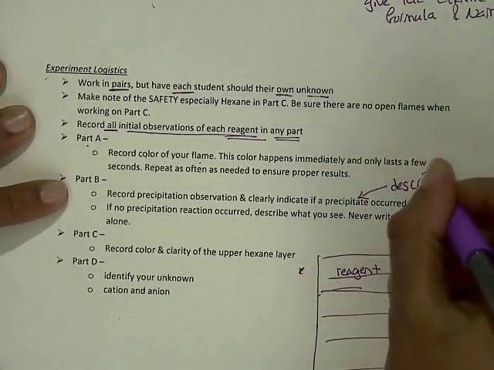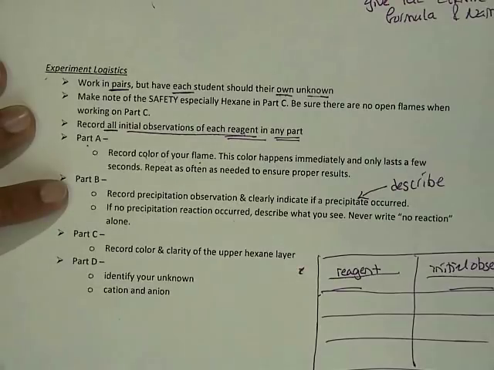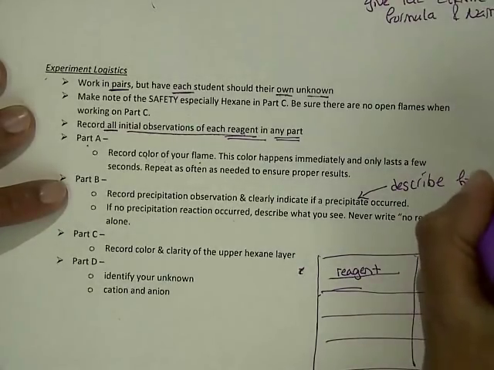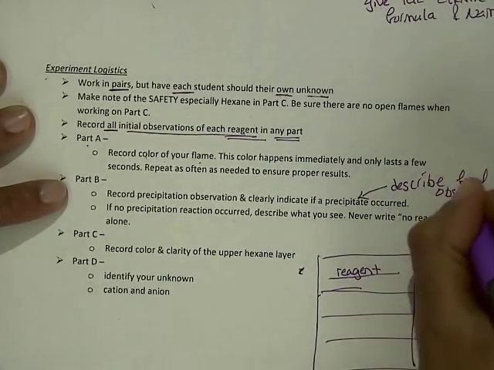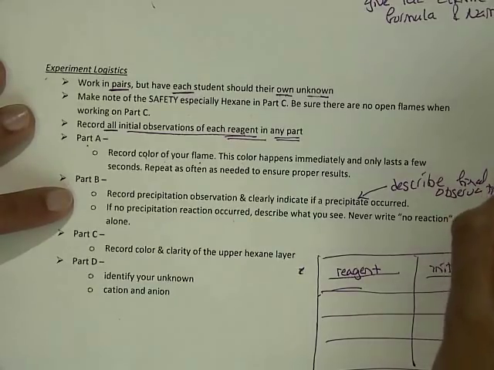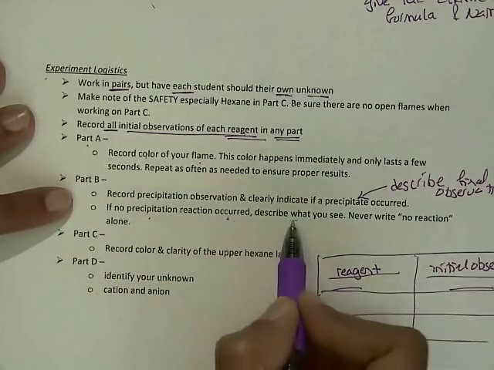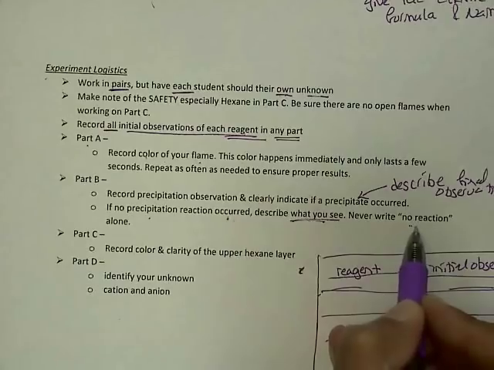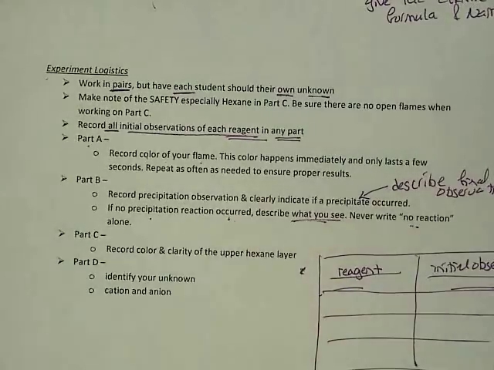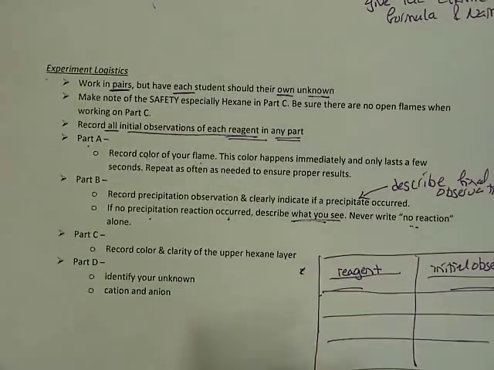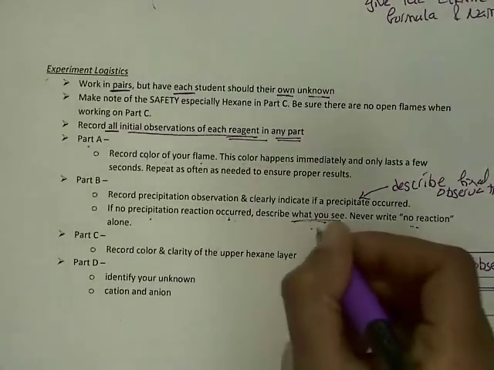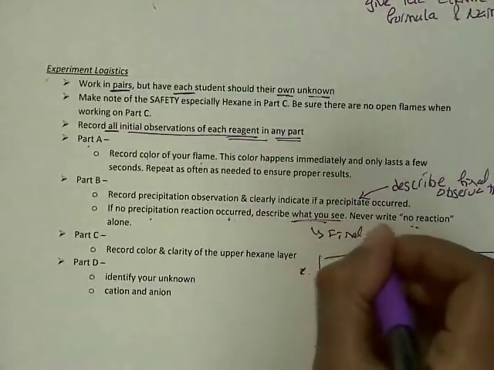So always describe your initial observations and your final observations. If no precipitation reactions occurred, just still describe what you see. Never write no reaction. Although in your lab manual, and this is an error that I will fix for next year, I do say write no reaction, but please describe what you see as a final observation.